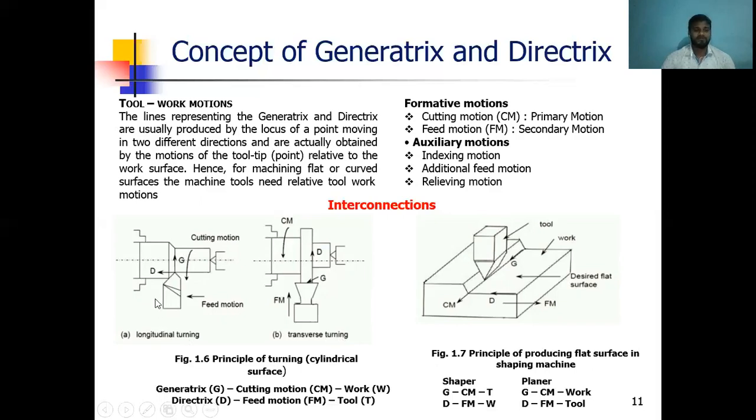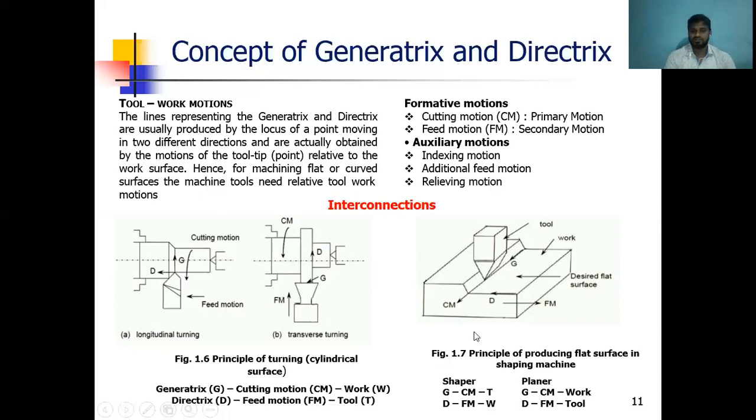In the longitudinal diagram, we can observe the cutting motion as rotating. Here the tool is in the direction of feed motion. This is the Directrix and this is the Generatrix. Coming to transverse turning, this is the feed motion and this is the cutting motion. This is the Directrix and this is the Generatrix.